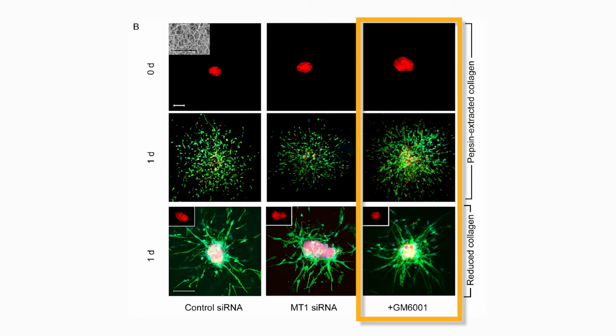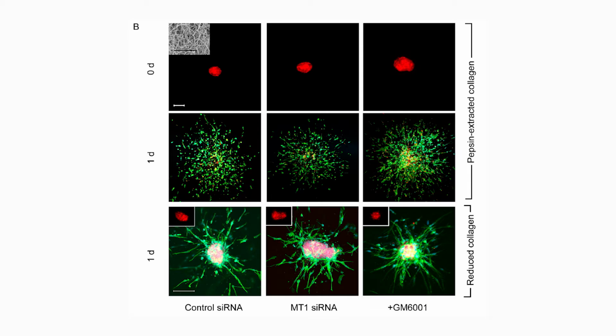So this essentially implies that if you change the collagen matrix, somehow disrupting its natural system, the way that it works, the way that it's cross-linked, the way that it's connected together, then the cancer cells are able to move without the MT1 degradation system.